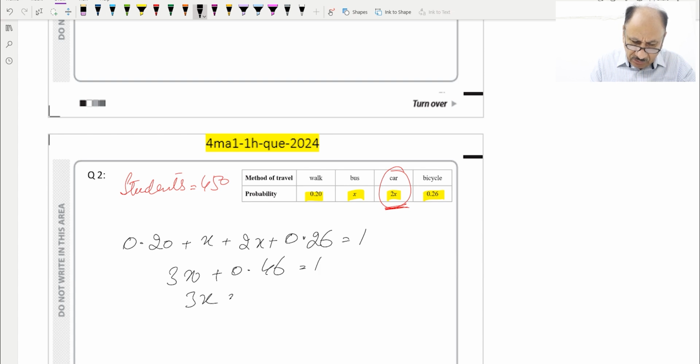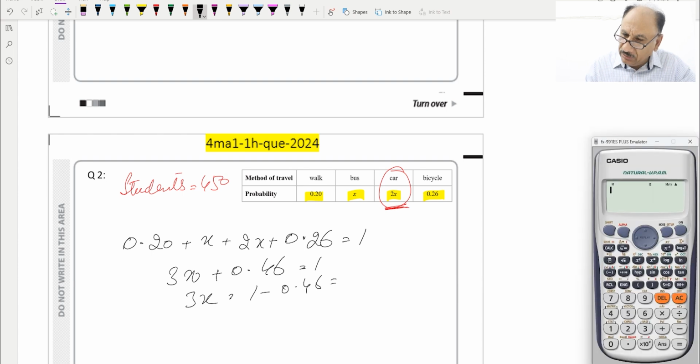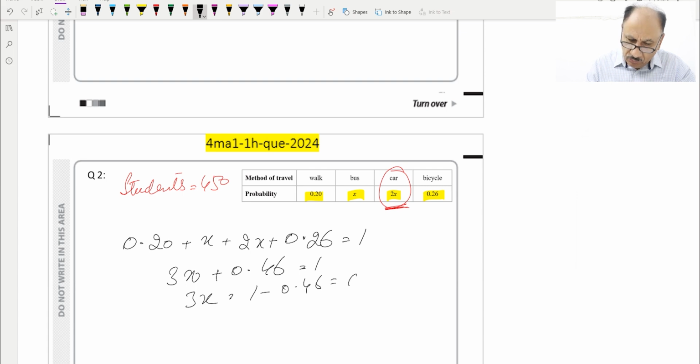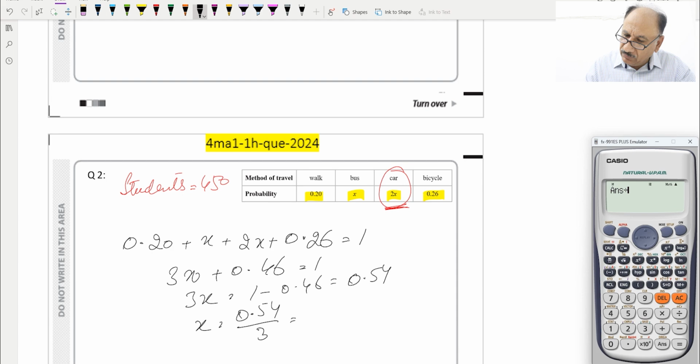So 3x is equal to 1 minus 0.46, which is 0.54, and x is equal to 0.54 divided by 3, which is 0.18.